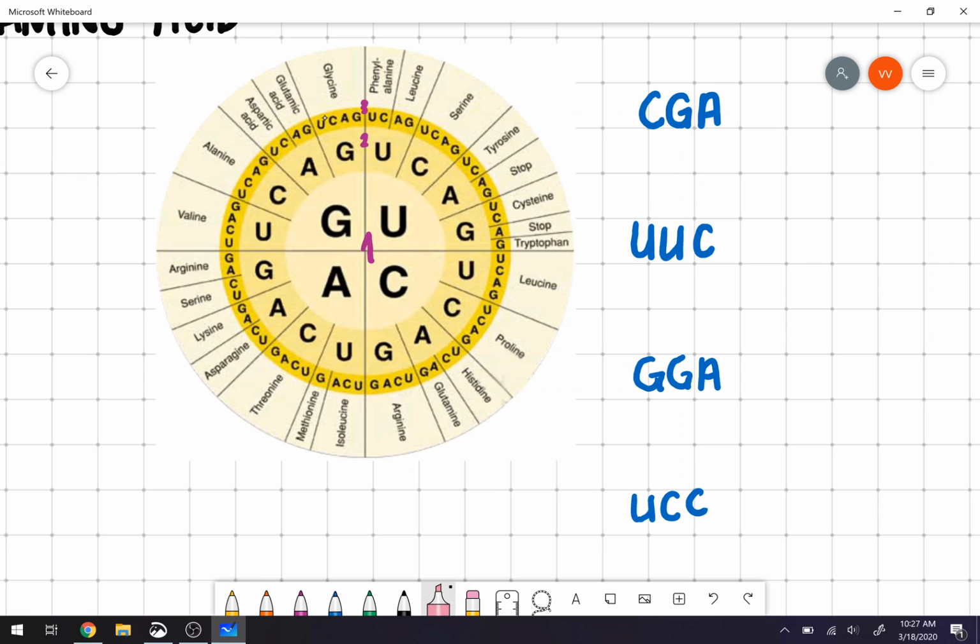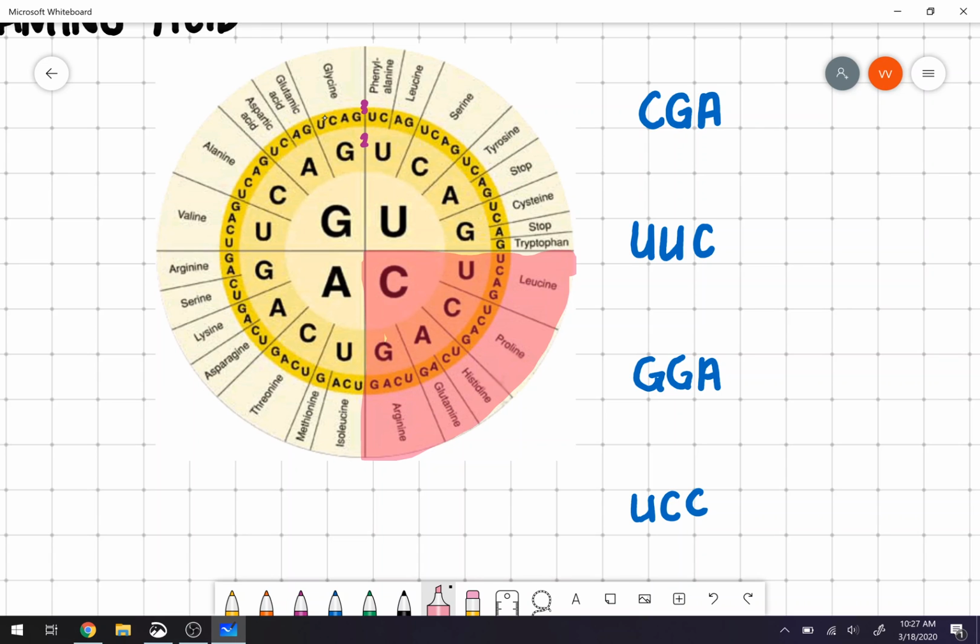In this case, it's the letter C. Once you've found that first letter, you're bound into this corner where the C is. You're not going to go C and then G and then A and be like, I don't know where everything goes. Once you find the first letter, you stay in the corner where that letter is found. So this C is going to be one of these 5 amino acids.